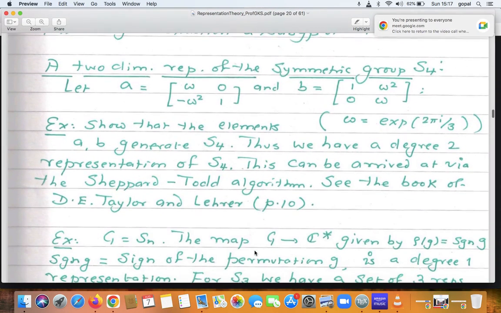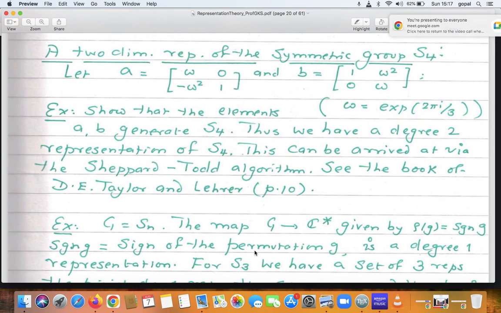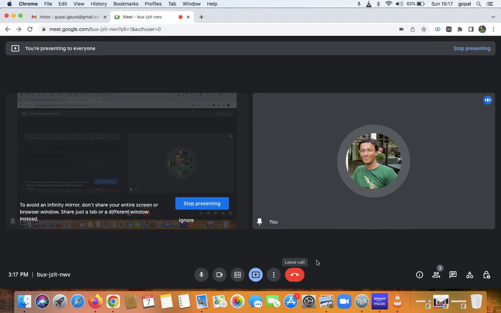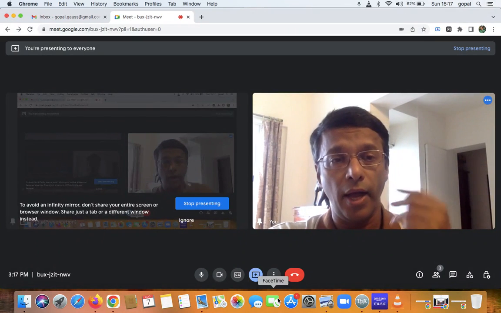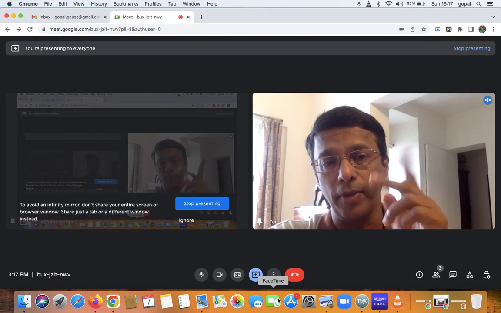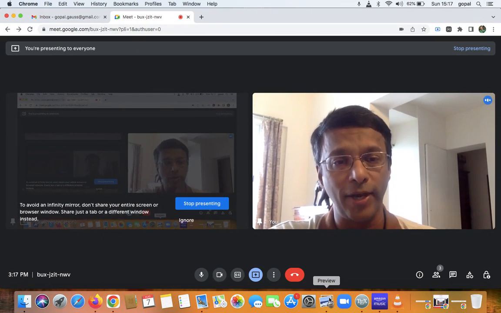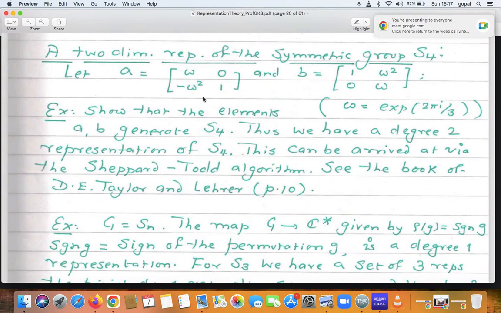Now let us go to the next one, a two-dimensional representation of the symmetric group S4. Let us take A to be omega 0 minus omega squared 1 and B to be 1 omega squared 0 omega, where omega is a cube root of minus 1. One can calculate a squared, a cubed, etc., b squared.